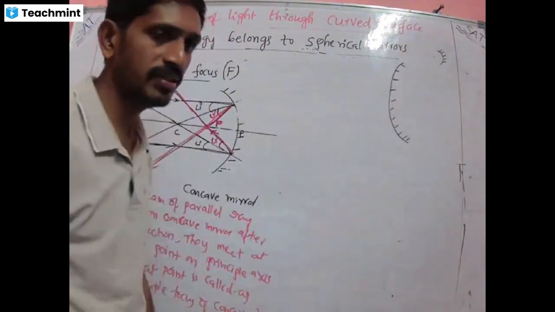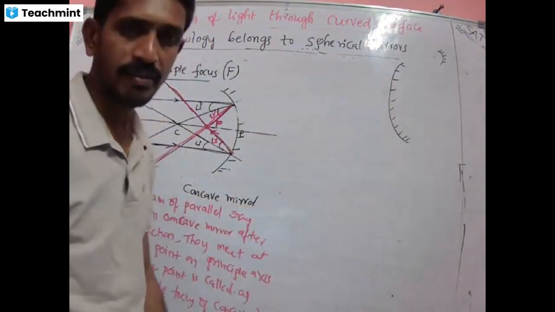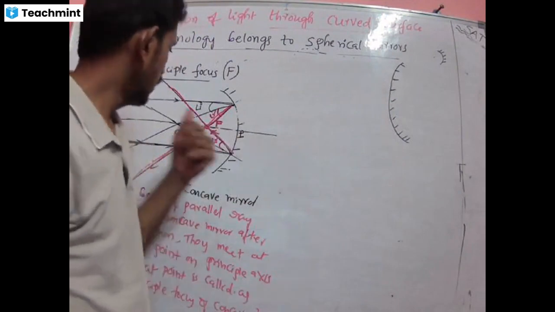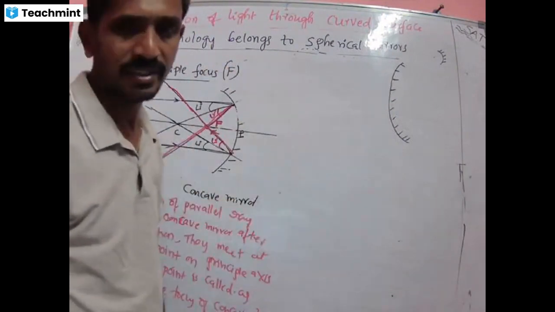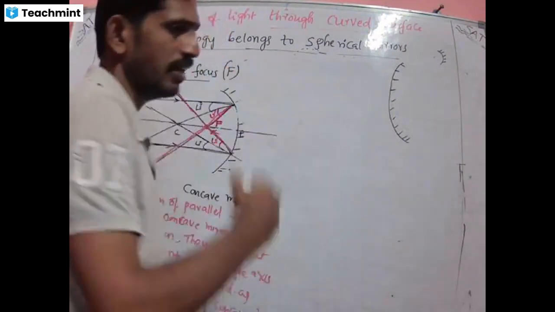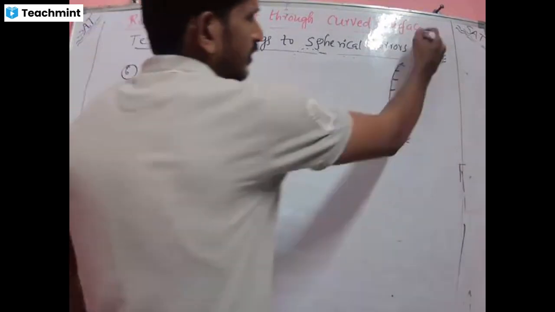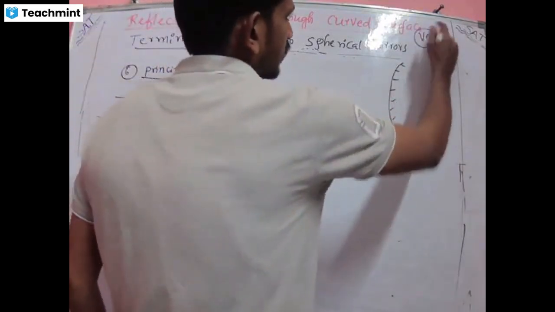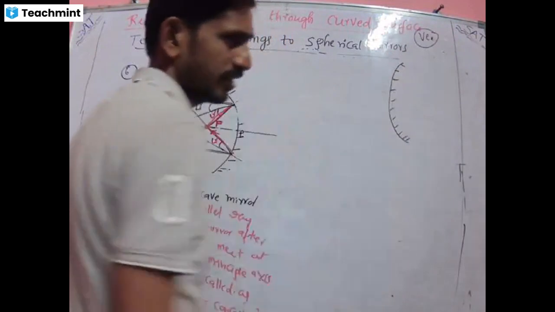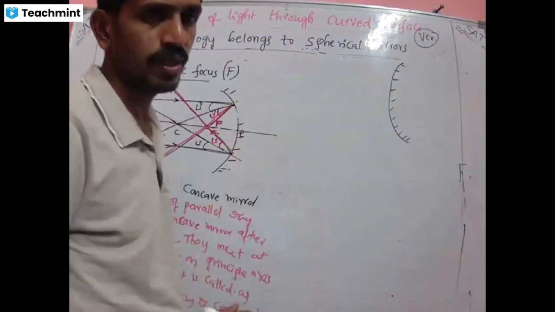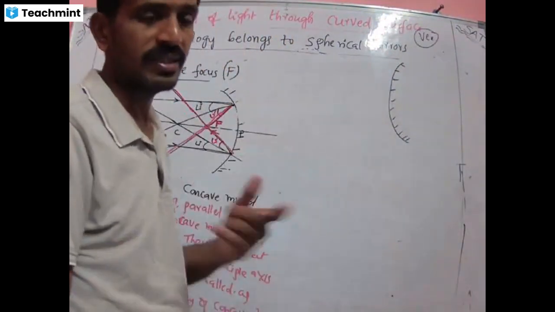Outside is the bulged surface. That is the reflecting surface. That type of mirror is called a convex mirror. Vex means bulged surface, outside surface. If you observe this spoon, the outside surface is called the bulged surface.